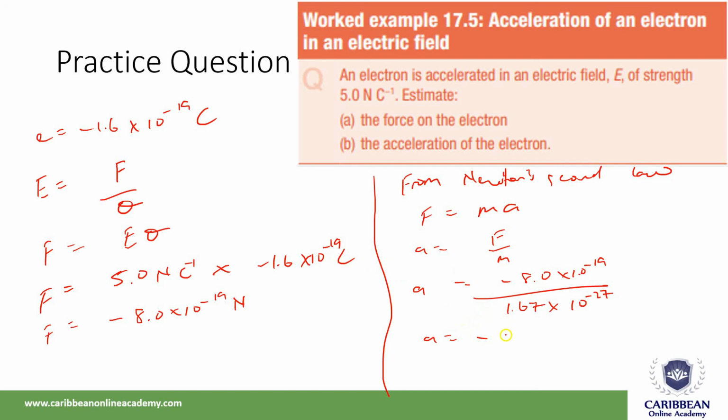Right? It's going to be a very large acceleration, but it's just a simple question. All right? So it's going to be somewhere around negative 4.79 times 10 to the 8, I believe, meters per second squared.